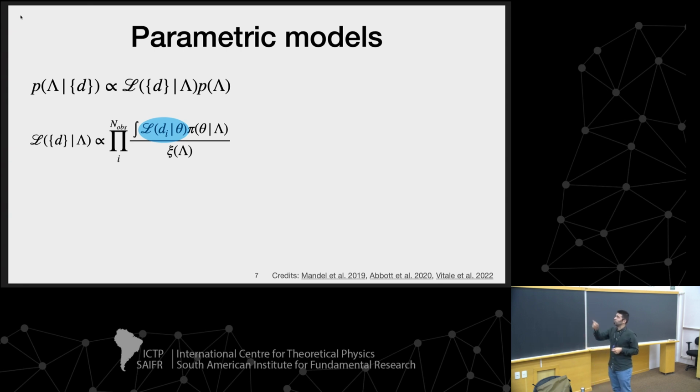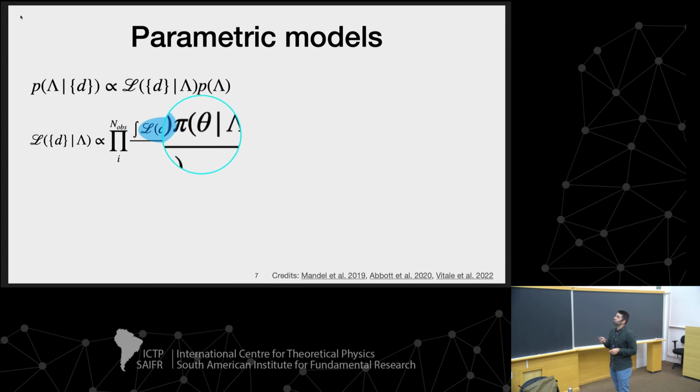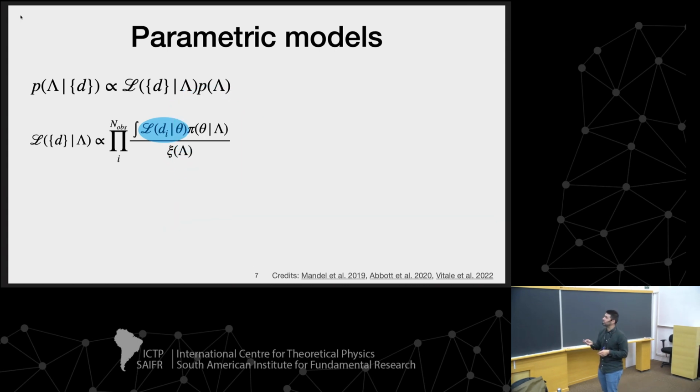And each single probability is the thing I'm highlighting there. You have the likelihood of the single source, the one that I showed you yesterday, given the astrophysical model, which is this P of theta given lambda. I'm going to describe that later.